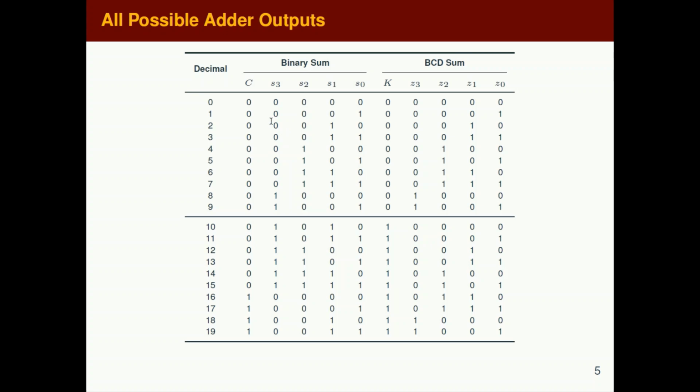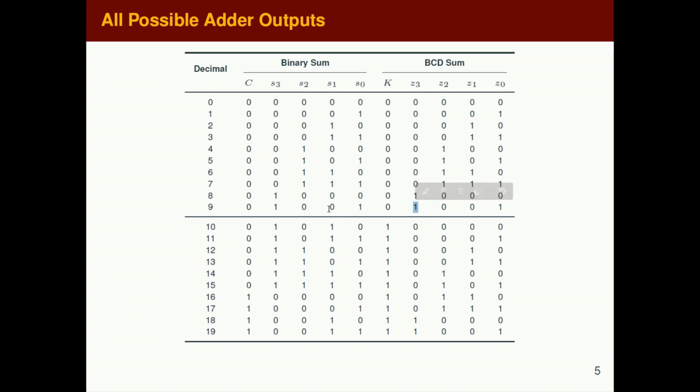Okay, look at decimal 9. When you get the binary sum, your C is still 0, your S3 becomes 1, S2 0, S1 0, S0 1. In the BCD sum, your K is 0, your Z3 is 1, Z2 and Z1 are 0, the last one Z0 is 1.